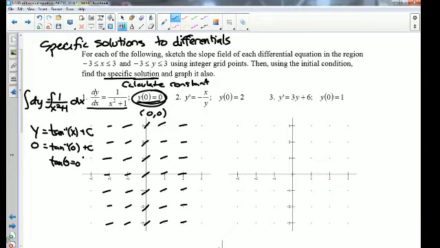Where does that occur? And remember, tangent is sine over cosine. If sine over cosine is 0, which one of these has to be 0? Sine. Sine is 0 at 0, pi, 2 pi.